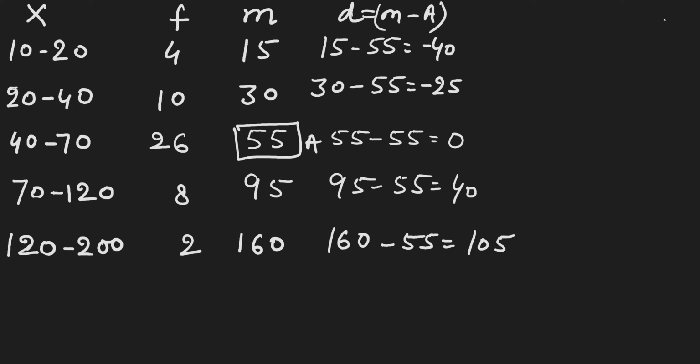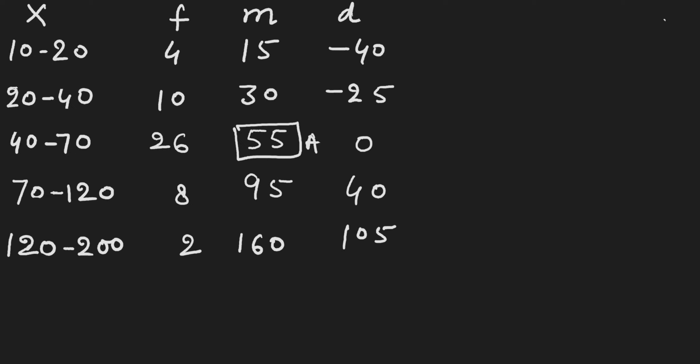Because there is less space, I will erase it, and we will write minus 40, minus 25, 0, 40 and 105. So this is our D, and then we will calculate D dash, which is nothing but D upon common factor, and in this case we will take 5 as our common factor.